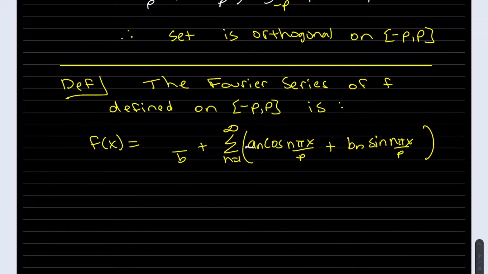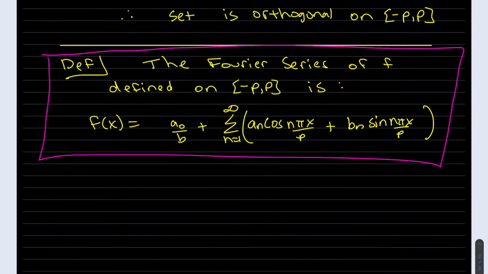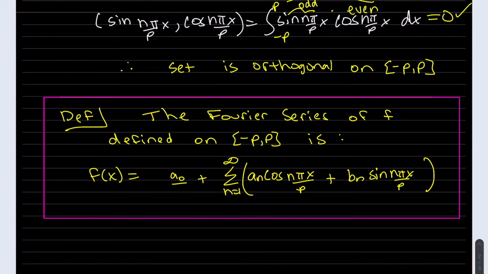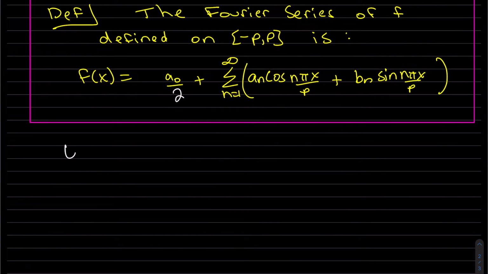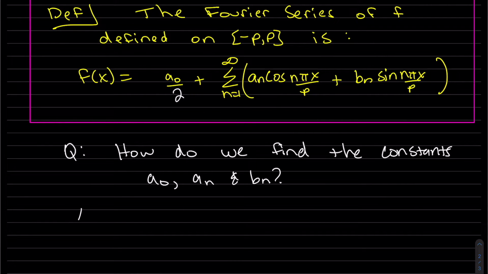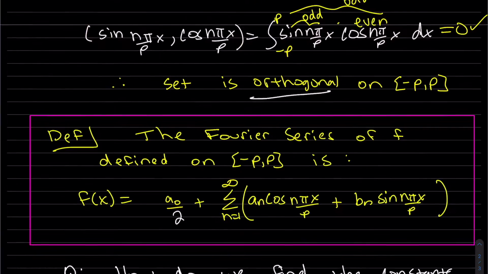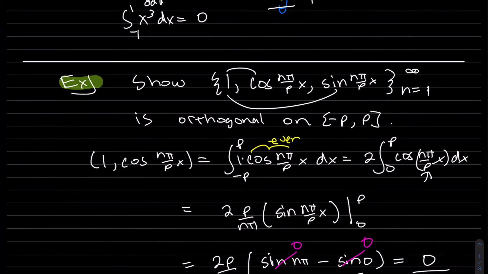And it's written as a linear combination. So we want to be able to find these constants. Here we are, but this is a 2. So the question is, how do we find the constants? The answer is, we're going to use the fact that they're orthonormal. We just showed that this set is orthogonal right here.